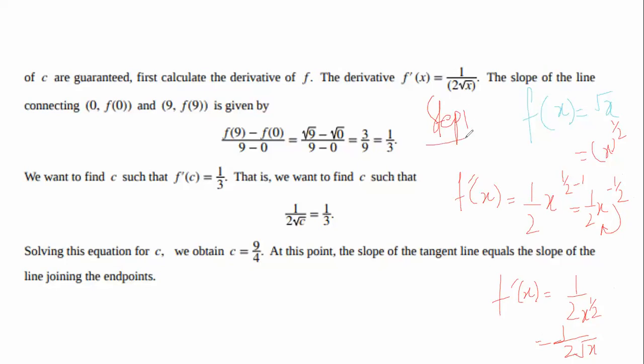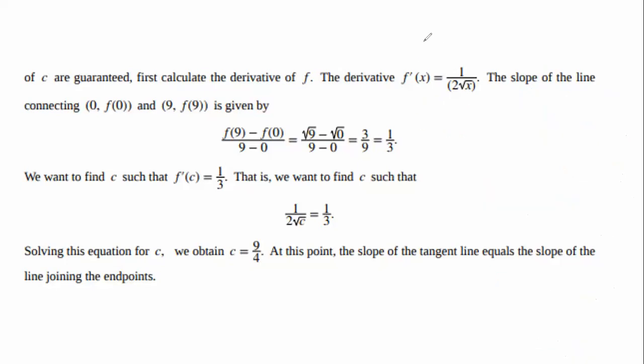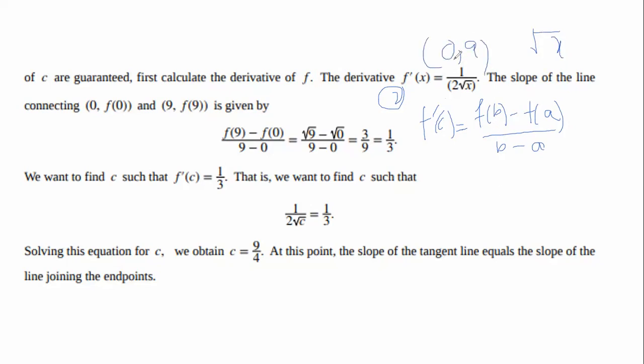Step 2 is to find f'(c), which will be equal to what? f(b) minus f(a) divided by b minus a. And what is the function? The function is under root x, and the values are 0 and 9. So 0 is a and b is 9.